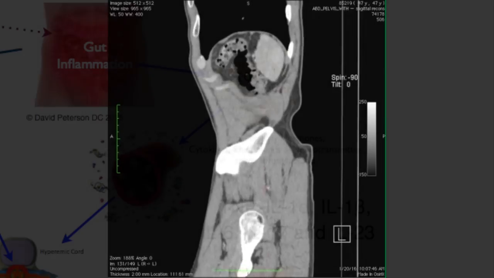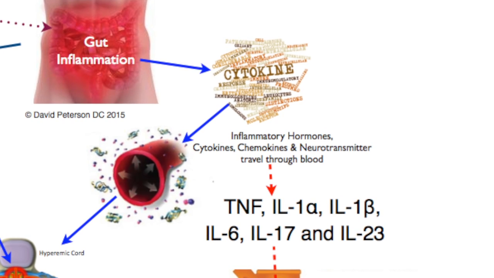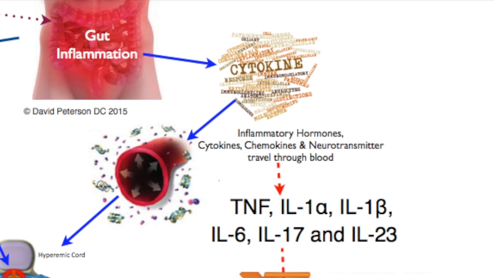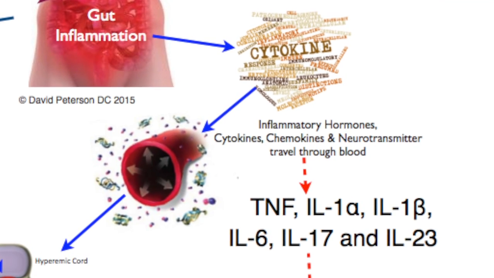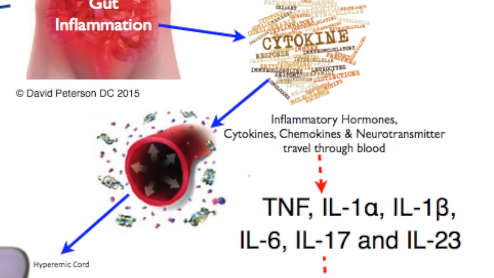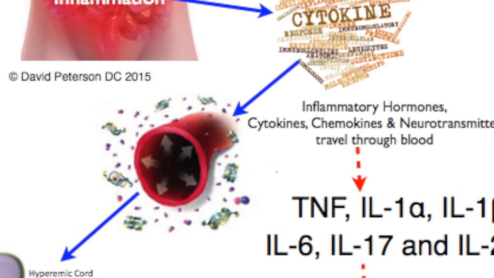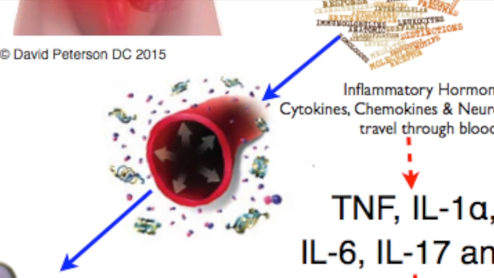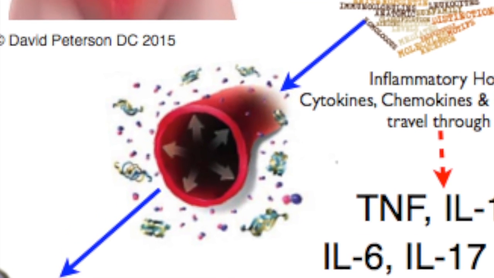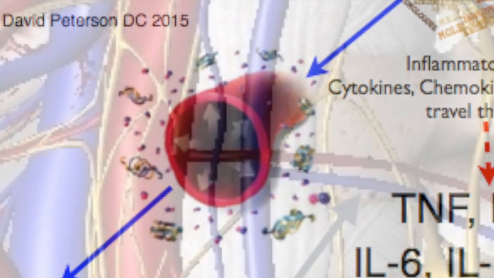However, biochemical factors playing a role in disc degeneration have received limited study. Intervertebral disc degeneration is characterized by increases in the levels of pro-inflammatory cytokines TNF-alpha, IL-1, IL-1B, IL-6, IL-23, and IL-17 secreted by the intervertebral disc cells.